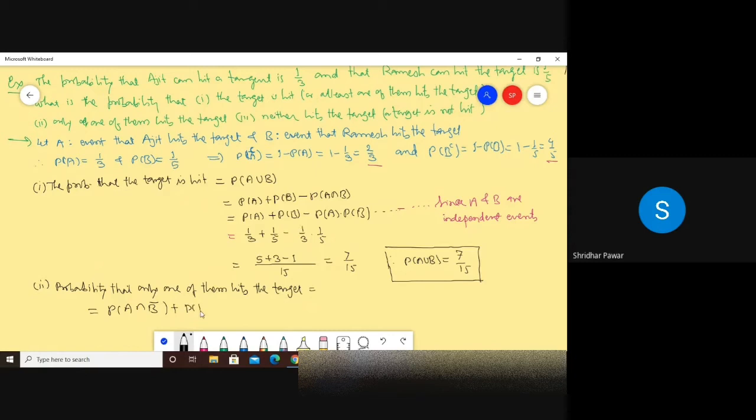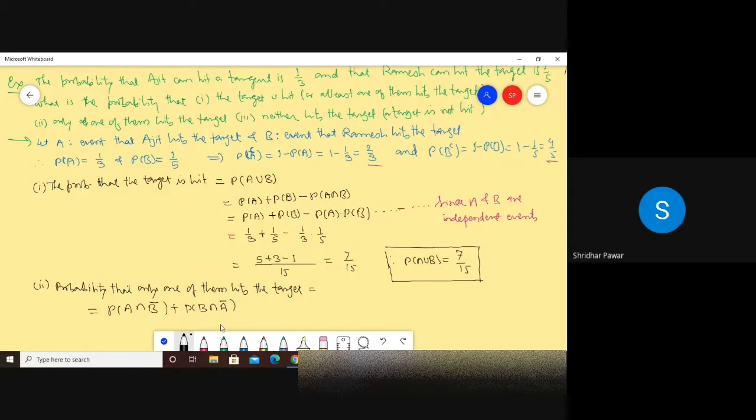P of B hits the target and A does not. लक्षात आलं? ओनली वन ऑफ देम हिट द टार्गेट म्हणजे काय? A हिट करतो आणि B करत नाहीये, म्हणजे B कॉम्प्लिमेंट, A आणि B कॉम्प्लिमेंट, त्याचं प्रोबॅबिलिटी, प्लस म्हणजे ऑर, किंवा B hits and A does not, that is probability of B intersection A bar.